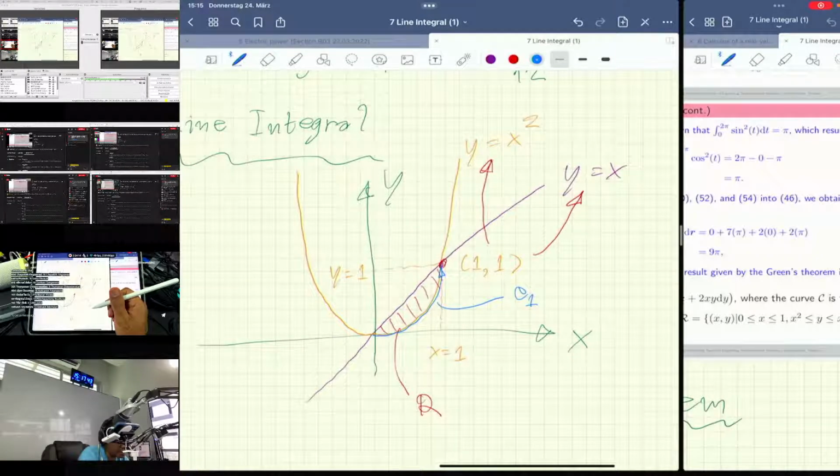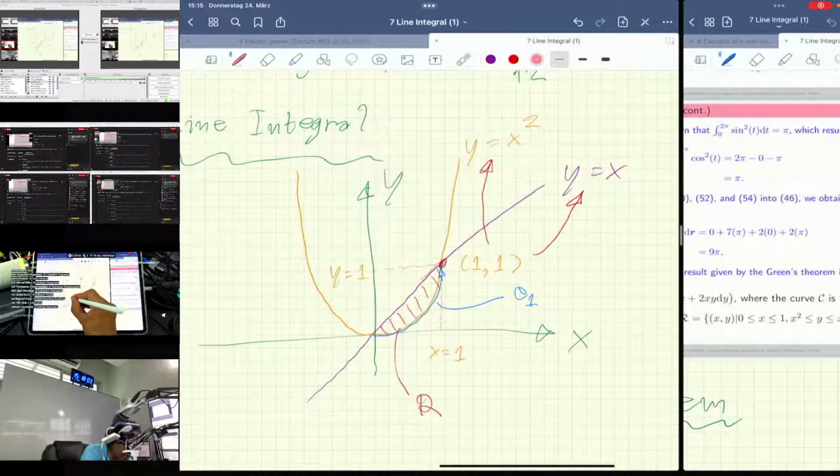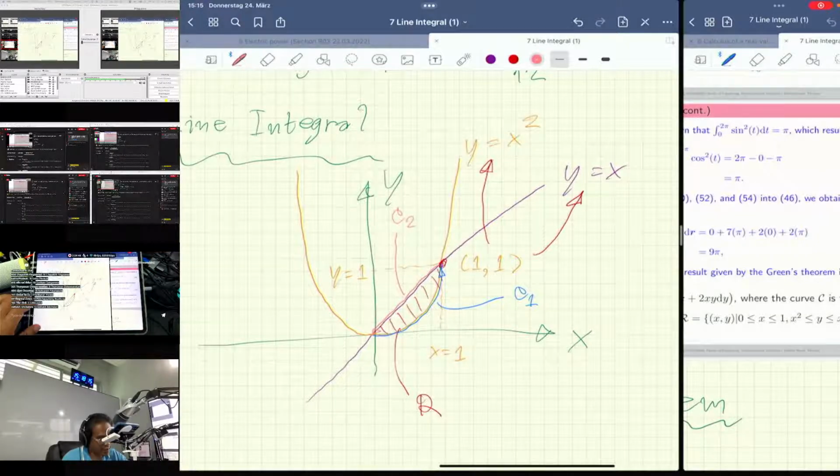And after that, because they say you should go in the counterclockwise direction, the next one is that you have to go along this and stop at the starting point. And this is C2. And what is C1?